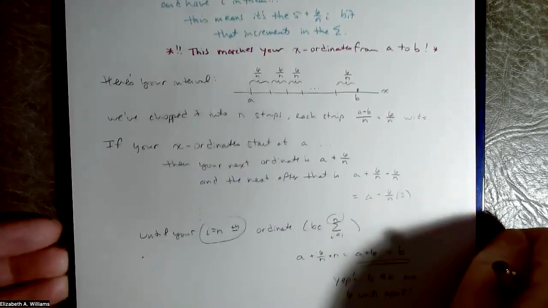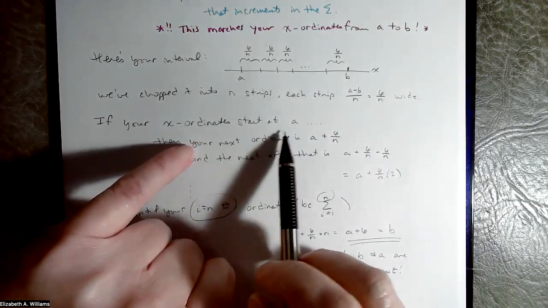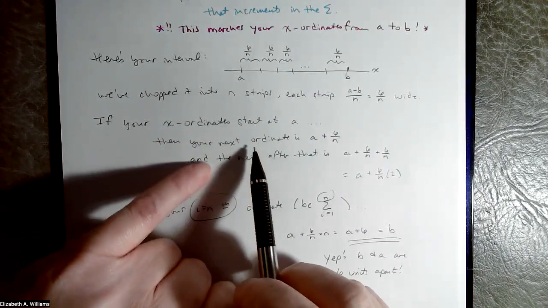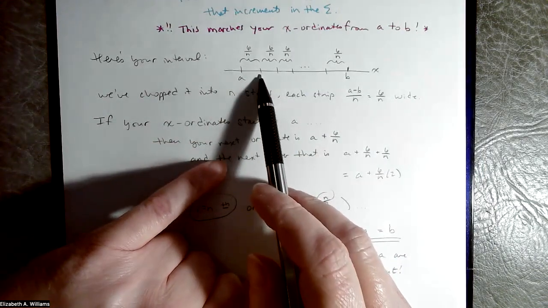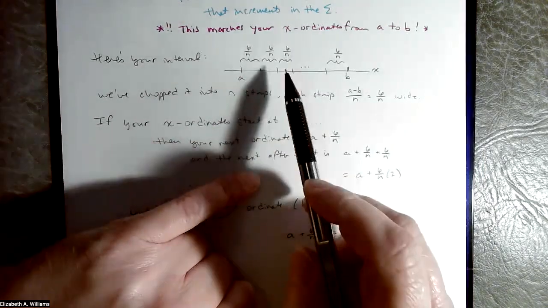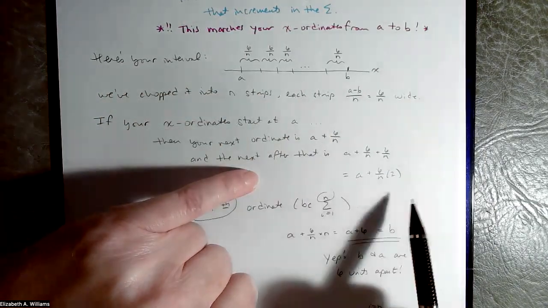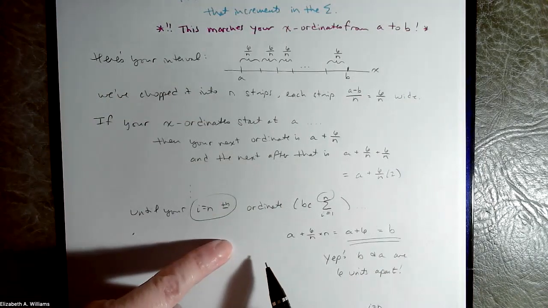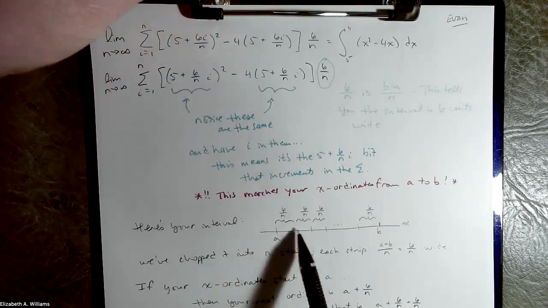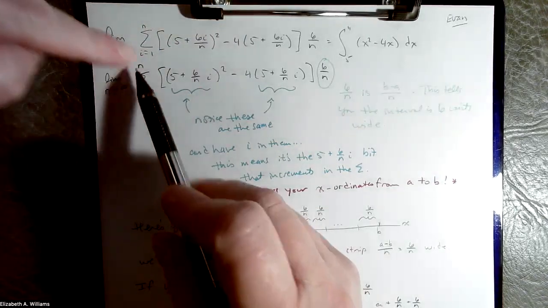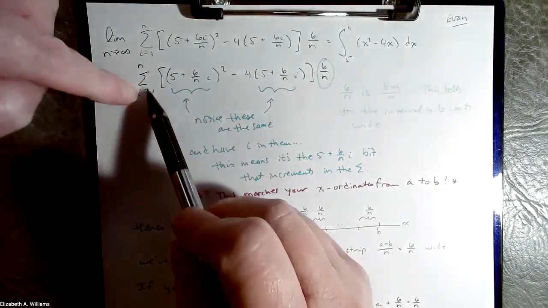Here's how we count out the ordinates. We start at a, and your next ordinate is add that little bit on. That's this number here: a plus 6 over n. And then you add that same amount on again, so a plus 6 over n plus 6 over n, which is twice 6 over n. You go all the way up, and i increments your summation terms, but you stop when you reach n.